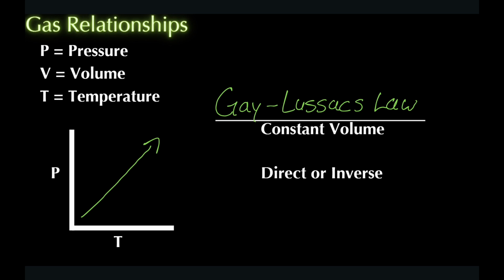As our temperature increases, so will our pressure, and vice versa. If I decrease my temperature, my pressure will also go down. What we should notice is that it is a direct relationship, because as one goes up, the other also goes up. They go up in the same way.